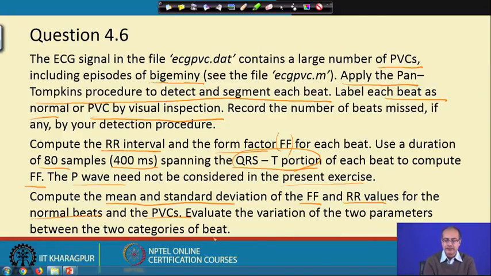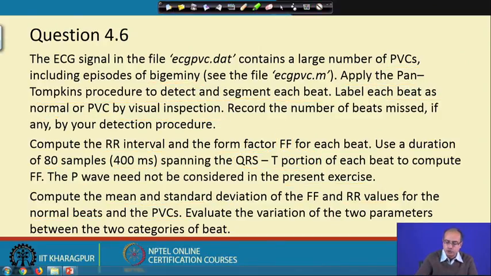That means how the mean and the standard deviation vary for the RR interval as well as the form factor for the normal beats and the PVCs. That is what we need to compute. So, let us proceed to get that answer.